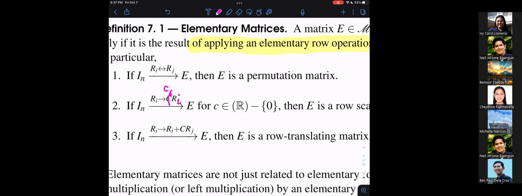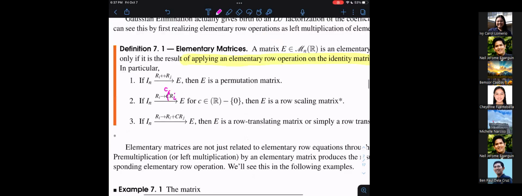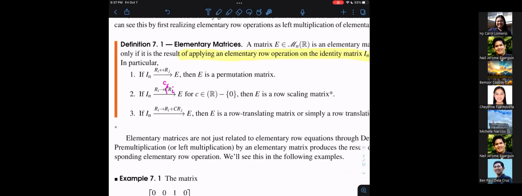So essentially, I perform that scalar multiplication of a row on the identity matrix. And what I get after doing that is an example of another elementary matrix. Tapos for the purposes of this class, tatawagin ko na lang si E na isang row scaling matrix. I don't know if there's a formal name, pero para lang sa atin, madaling i-refer na ito yung elementary matrix that we obtained by multiplying one row by a non-zero scalar. Tawagin natin siyang scaling matrix, or in particular, a row scaling matrix.